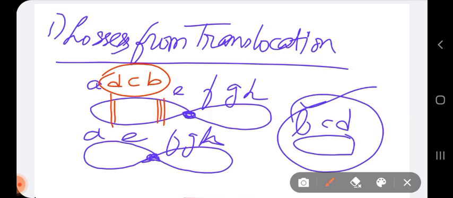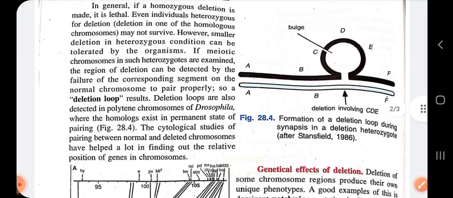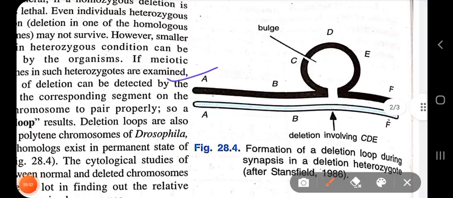Normally during synapsis, in the pachytene stage, the homologous chromosomes align themselves.